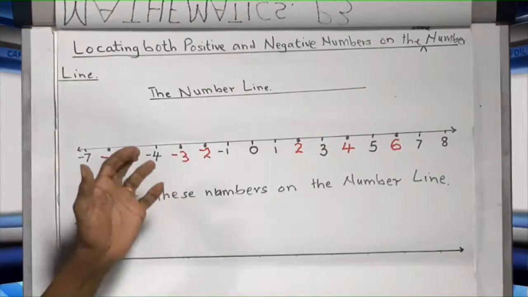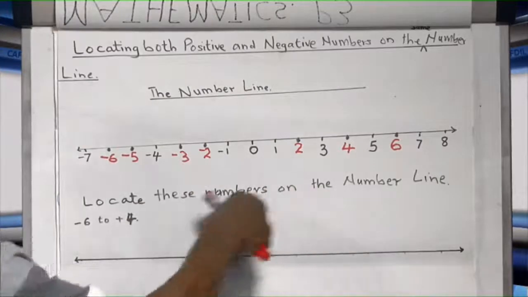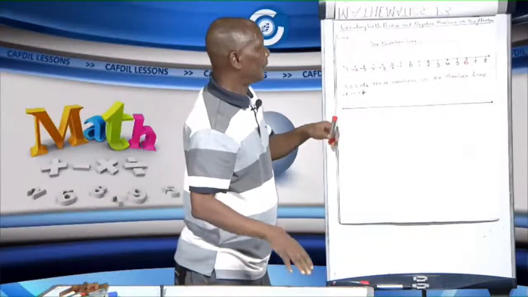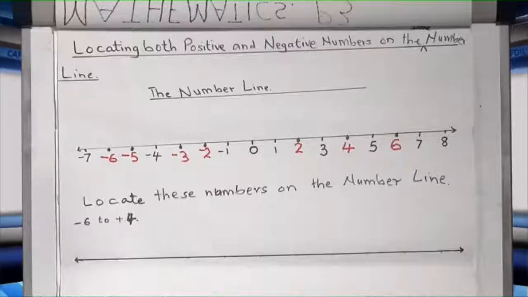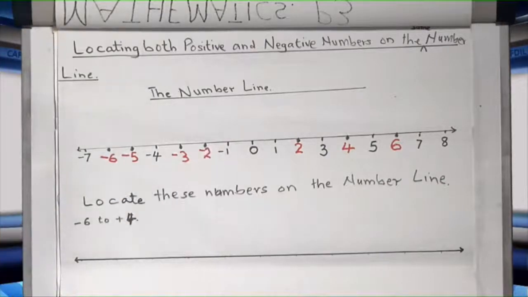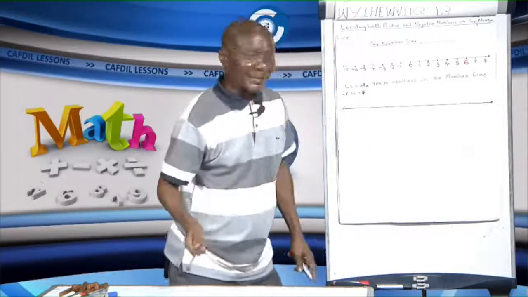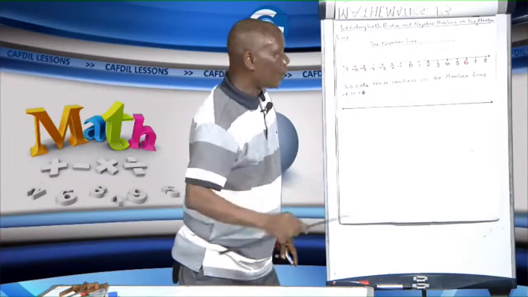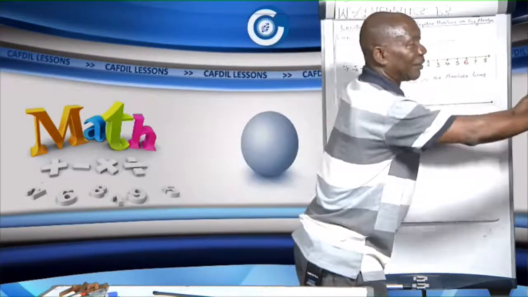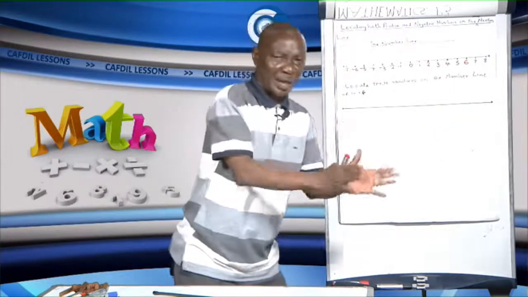The highest number in the positive direction is 8. And the least number is negative 7. Even though we have negative 1 here, negative 1 is more than negative 7. So with the number line, the more you move to the right, the bigger the number.